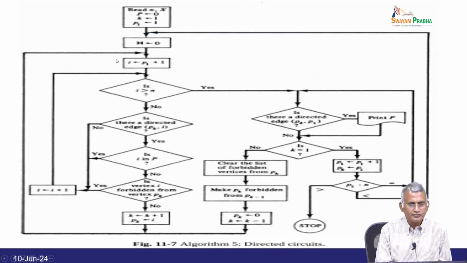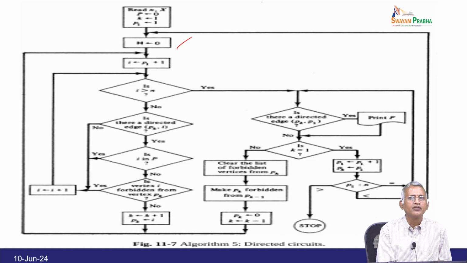The flowchart says: read x, y; p takes 0 and k equal to 1, and p1 equal to 1 and h equal to 0. Then I equal to p1 plus 1. Is I greater than n? If yes, then you have to move. These are directed edges, and if pk is p1 and directed, yes, then print it; otherwise no, start with k equal to 1.